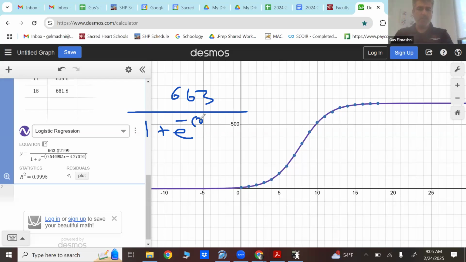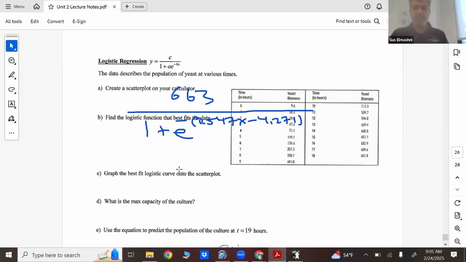But it's okay. 0.547x minus 4.271, and it fits really nicely. So yeah, that's regression. And what's the maximum capacity? About 663 looks like.